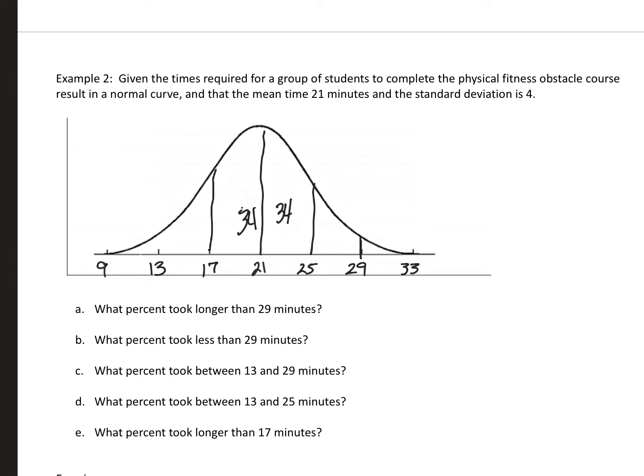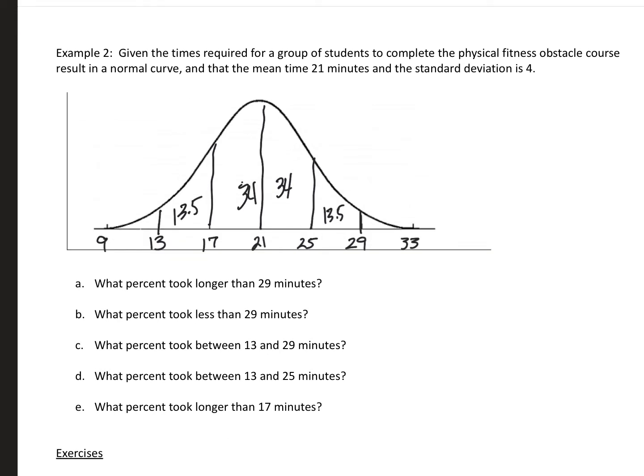Between the first and the second deviation is 13.5% on either side. 2.35% falls in between our second and third, and then the last little bit, which is barely even visible, is 0.15% beyond our third deviation. So again, 2.35, 2.35, and then this one is 0.15%.